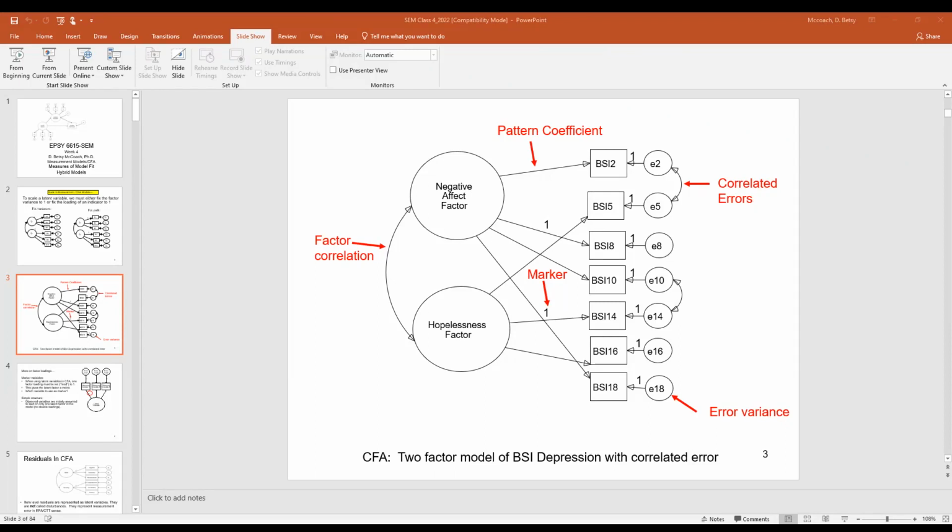There are two ways to fix these problems of multidimensionality. One is to directly say, hey, BSI2 isn't just a measure of negative affect, it's also a measure of hopelessness. The other way is to say, BSI2 and BSI5 are just related to each other in some way that isn't captured by my current factor structure. Those are two ways that we can modify confirmatory factor analysis models.